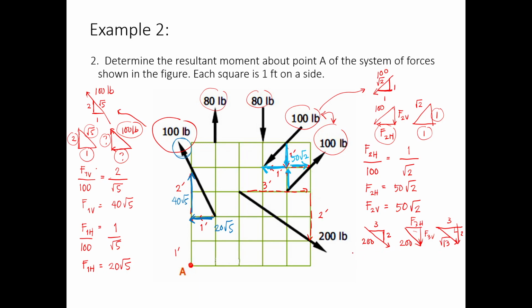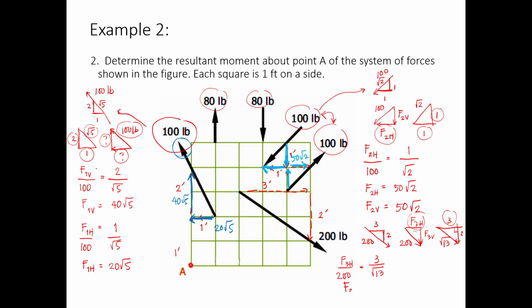Once you are done with the similar triangle concept, we can now proceed with the ratio and proportion. F3H first. Again, the opposite of which is the 3 side, side to side, and then hypotenuse to hypotenuse. So that will be 200 all over the square root of 13.